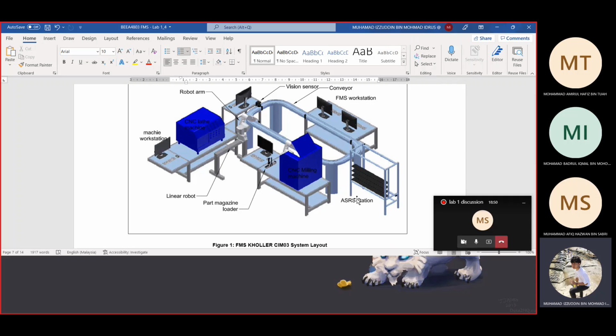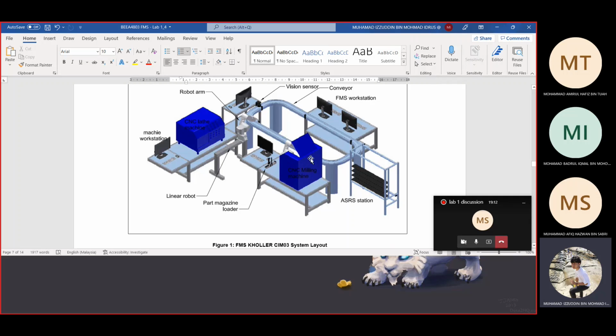It works as a place to store the raw materials, processed and semi-processed goods, rejected parts, etc. The ASRS places empty jigs from the racks onto the pallet on the conveyor. The pallets are then moved with the help of the conveyor to the next station, which is the milling station.